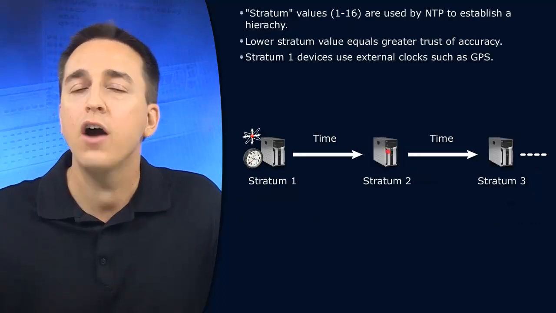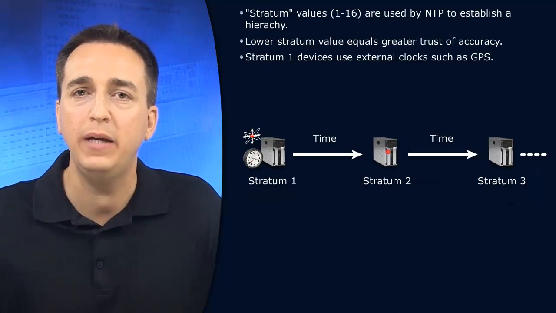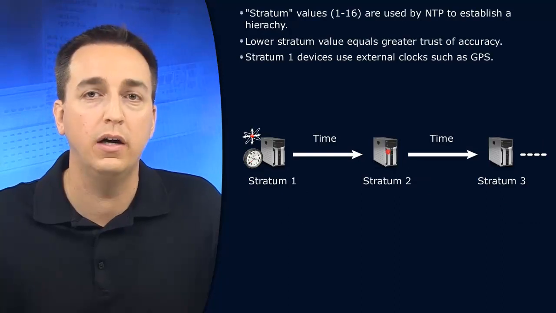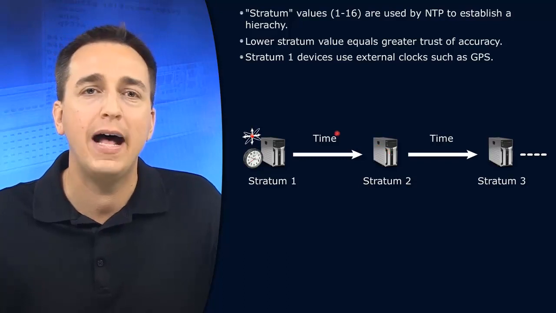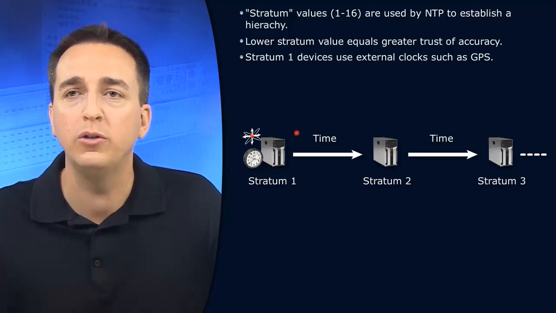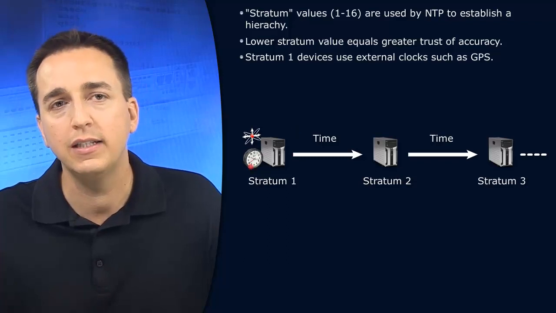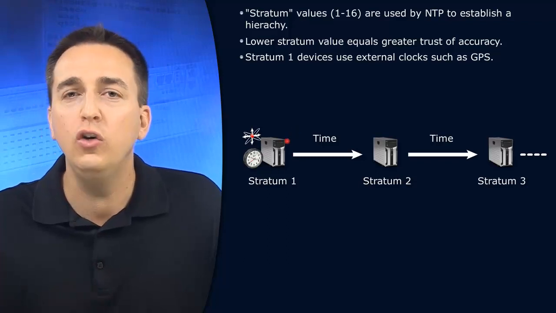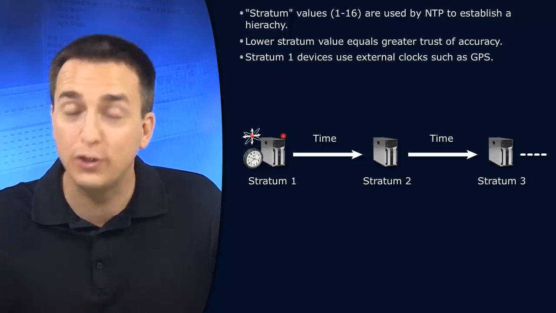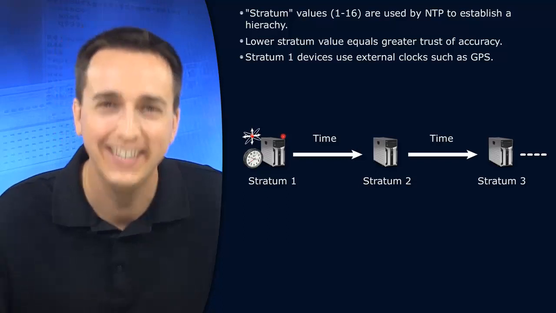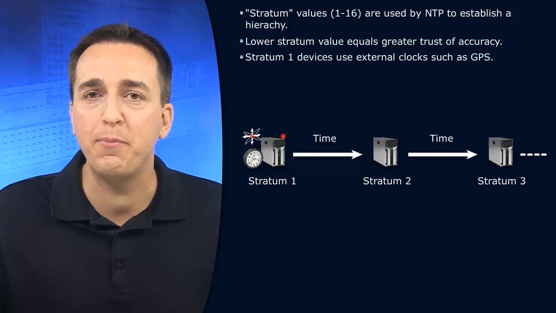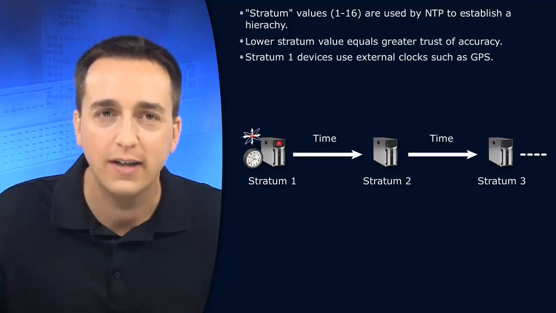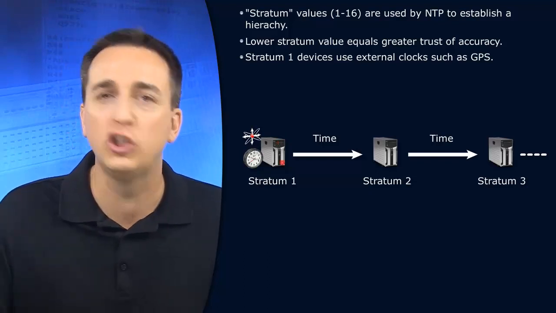So we have a hierarchical system here with NTP, and it's based on the concept of stratum. So we have these different stratum values, stratum 1 being the most authentic. So if we look at this device here, that's our U.S. Naval Observatory PC, device, server, whatever it happens to be, connected to the atomic clock, and that time is super accurate.